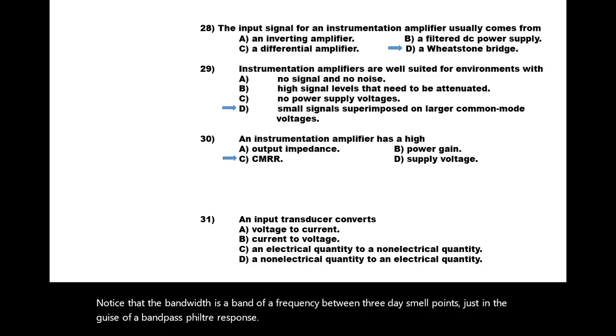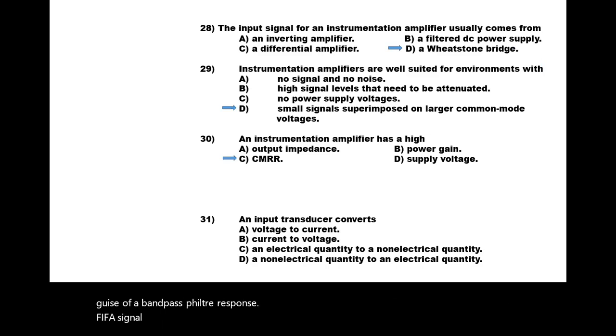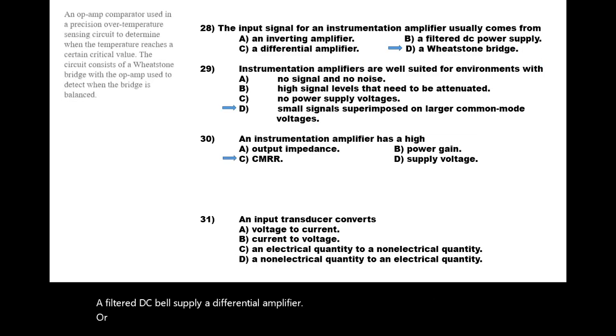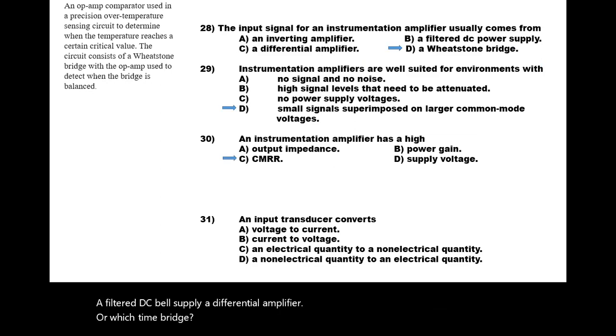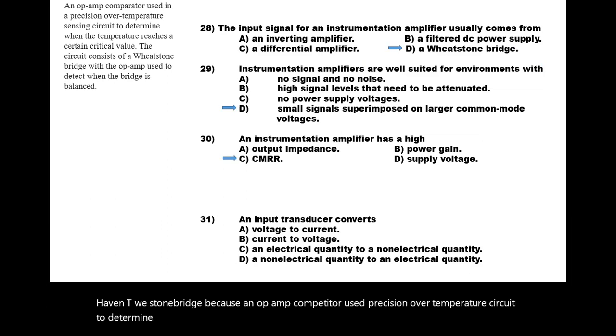The input signal of an instrumentation amplifier usually comes from an inverting amplifier, a filter, a DC power supply, a differential amplifier, or a Wheatstone bridge. Definitely a Wheatstone bridge, because an op-amp comparator is used in a precision over-temperature sensing circuit to determine when temperature reaches certain critical values.